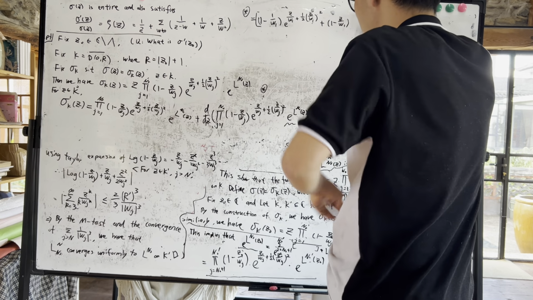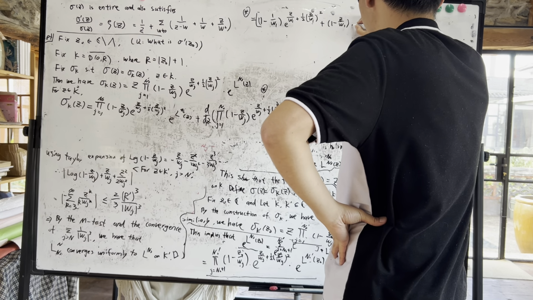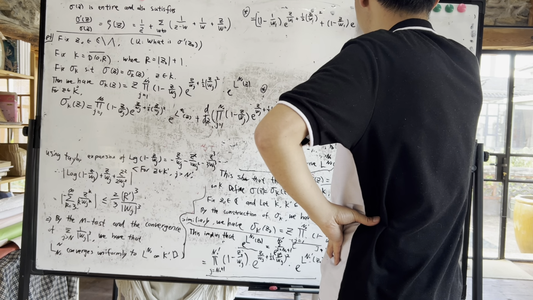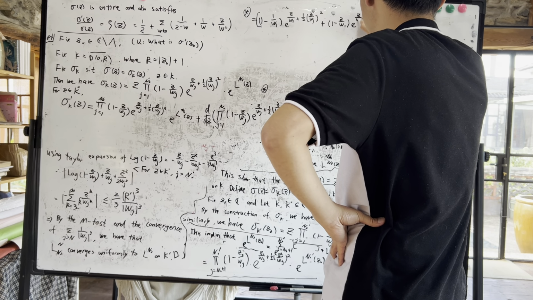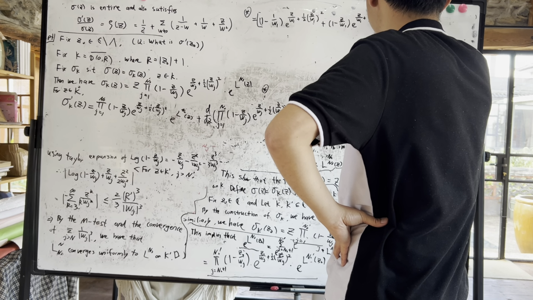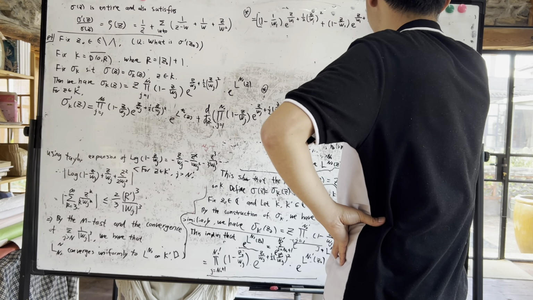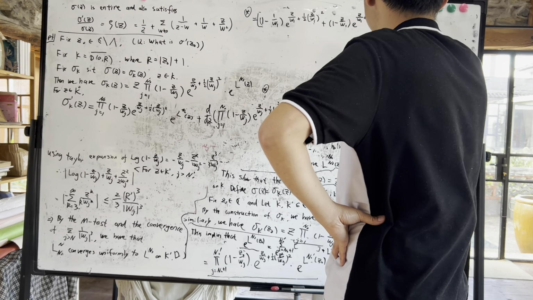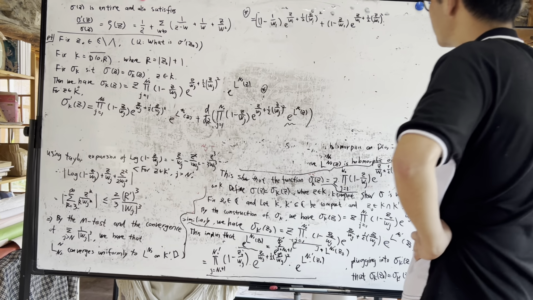So the derivative of the exponential part is e to the z over omega 1 plus the same thing, 1/2 times z over omega 1 squared, times the derivative inside. So what is the derivative inside?